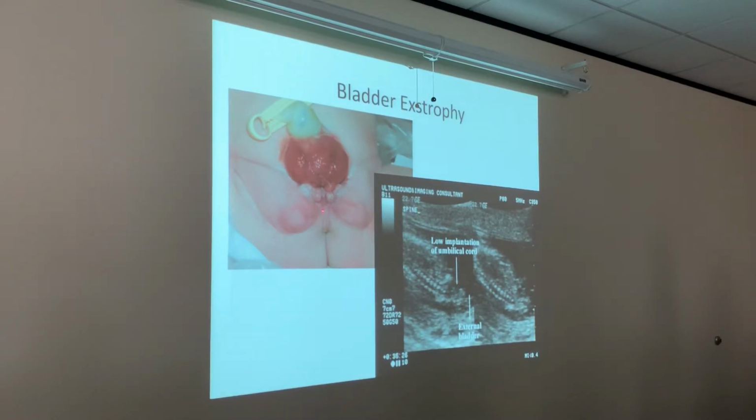This is the bladder, okay? Looks like a little girl, because these are the labia majora, the labia minora, and an exposed bladder. Can be fixed? It can be fixed. On ultrasound, we'll see a low implantation of the umbilical cord, and you'll see stuff outside of the baby's body.